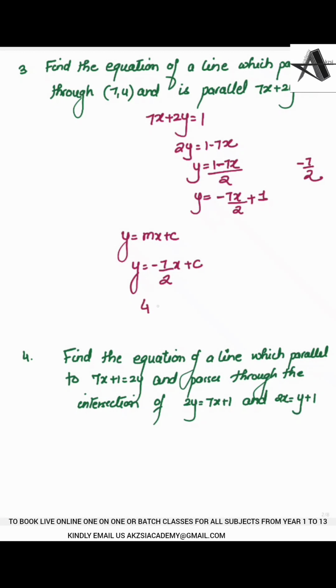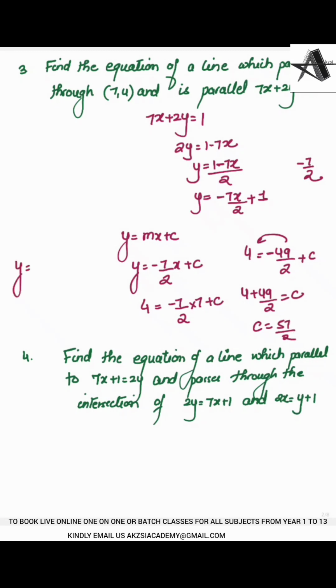So in place of y I am putting 4, and in place of x 7, so this will be 4 equals minus 49 by 2 plus c, and bringing it here it would be 4 plus 49 over 2 equals c, and finally c equals 57 by 2. The final equation of the line will become y equals minus 7 over 2 x plus 57 over 2.